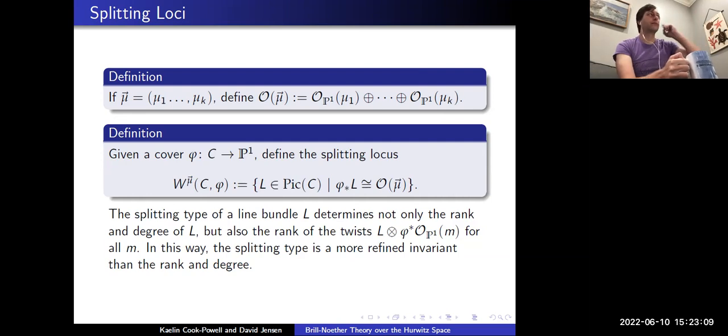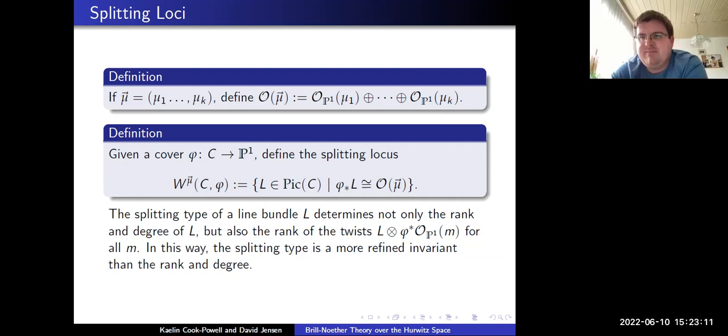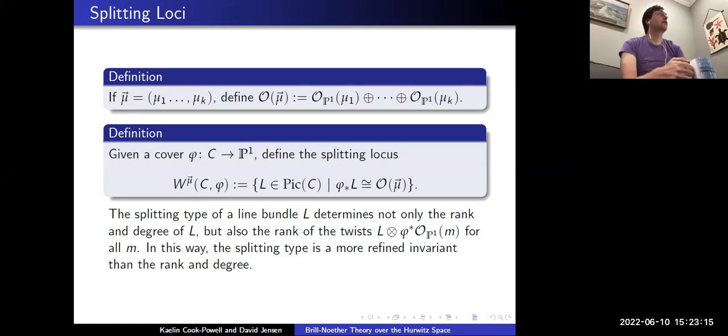There's a partial ordering on these vectors mu. It's related to the dominance order on partitions.